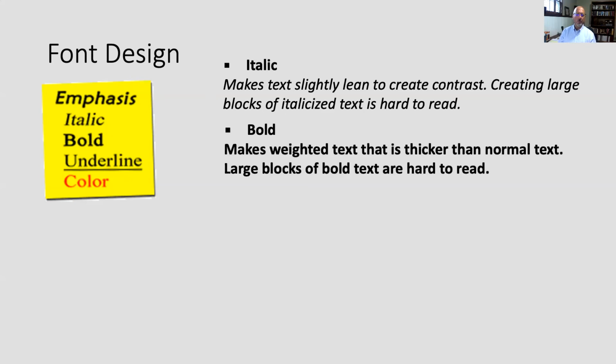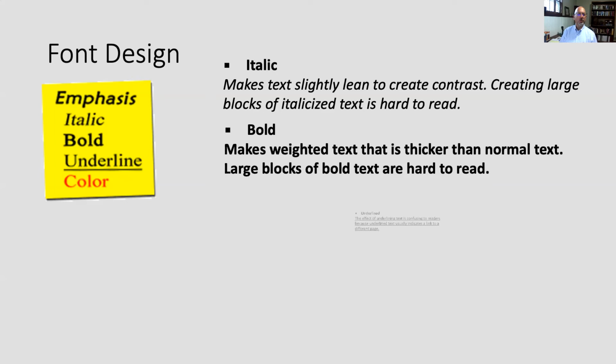Same thing with bold. Bold makes a thicker, heavier weight text. As you see here, I'm sure you're all familiar with that. Again, large blocks of bold text become a little bit difficult to read for our viewers, so we want to be cognizant of that, and we don't want to give them material that is difficult for them to read.